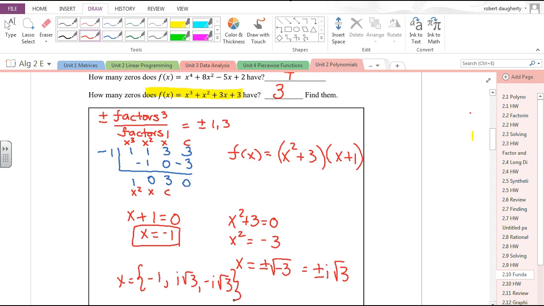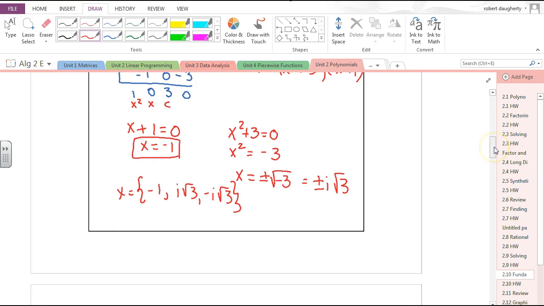Okay. Now, if these are the roots, what are the factors? X plus 1 and what? How do I go from a root to a factor?